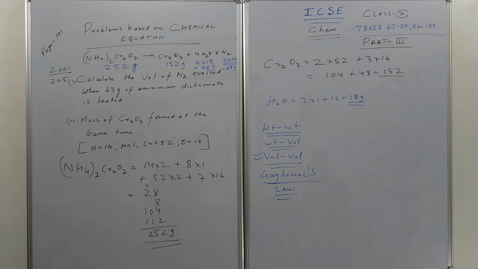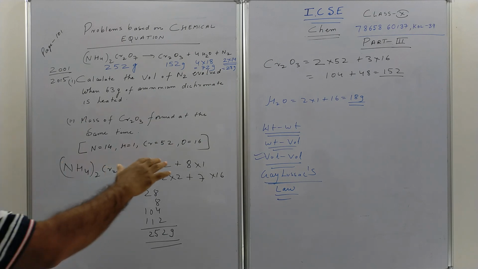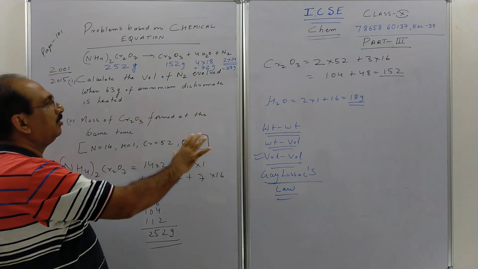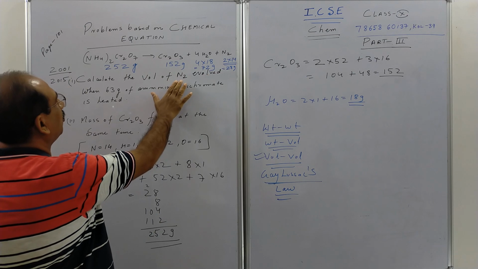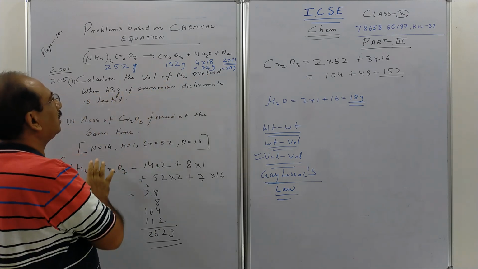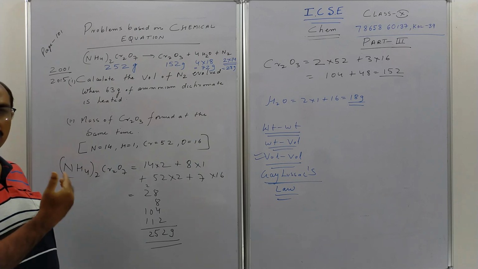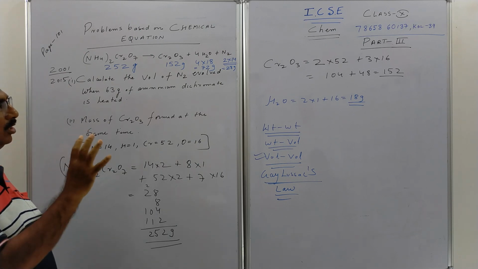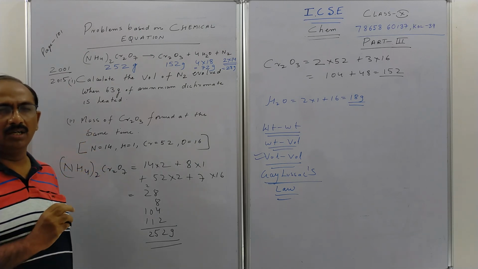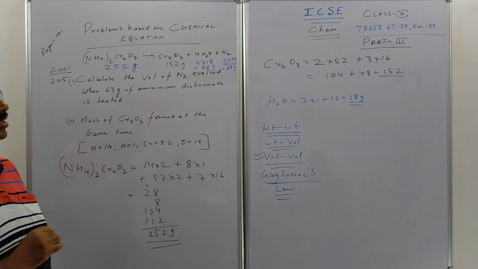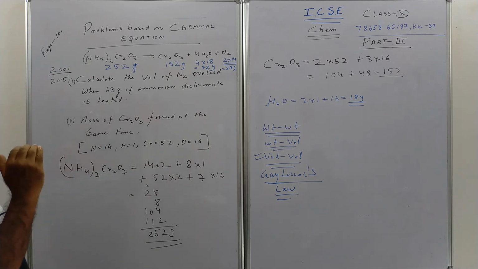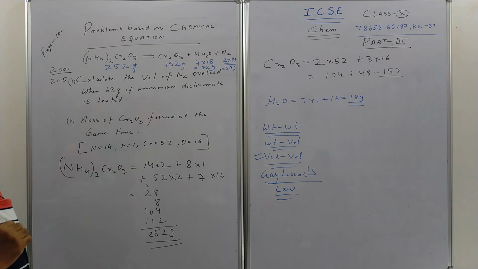So here we have the weight relationship. I'll try to explain with this example. Then weight volume: calculate the volume of N2 evolved when 63 gram of ammonium dichromate is heated. We can also use the mole concept. For all the basic ideas, you have to see my first video, the introductory video on stoichiometry.